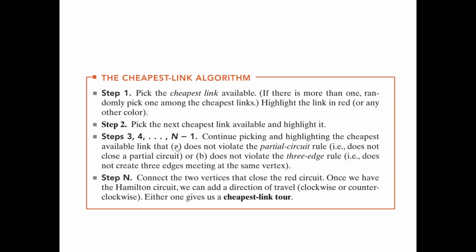If we have a circuit other than the Hamilton circuit, then we're going to visit a vertex more than once. And if we have 3 edges coming out of a vertex, then we'll visit that vertex more than once. If you stay away from those, this is called the cheapest link algorithm. Step N, connect the 2 vertices that close the red circuit.